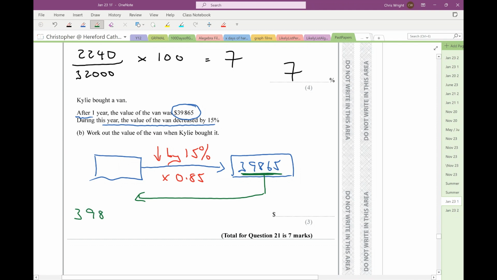So 39865 divided by 0.85 gives me $46,900. And you could always check by taking 46,900, decreasing it by 15%, and seeing if you get 39,865. That's question 21.